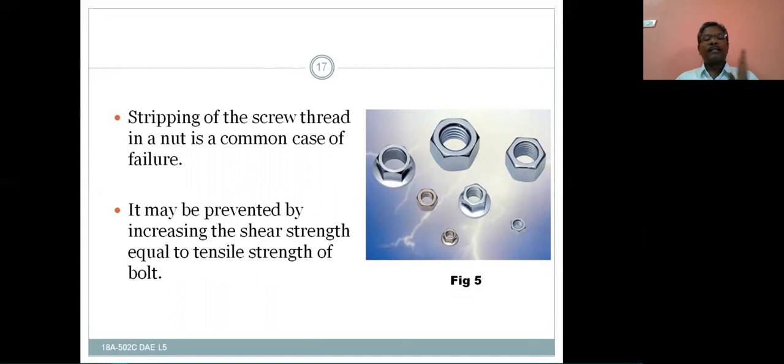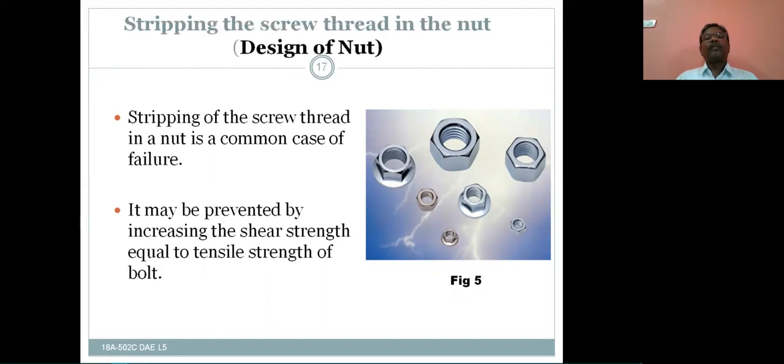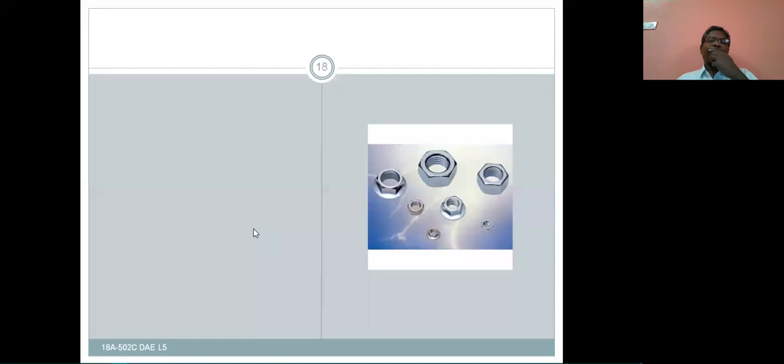With this, you can prevent the stripping of the screw thread in the nut. So this is also the design of the nut. This stripping of screw thread is the same as the design of the nut.